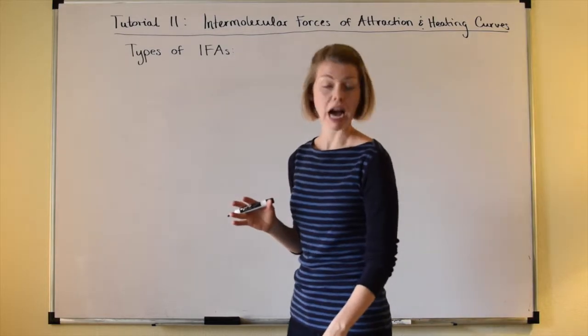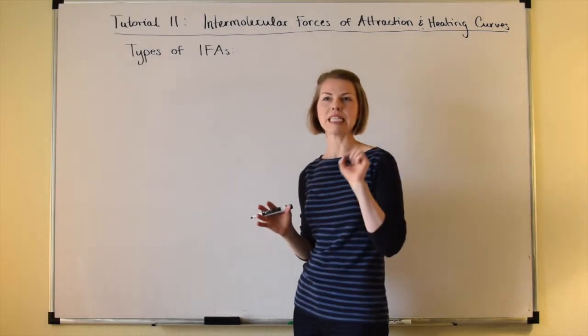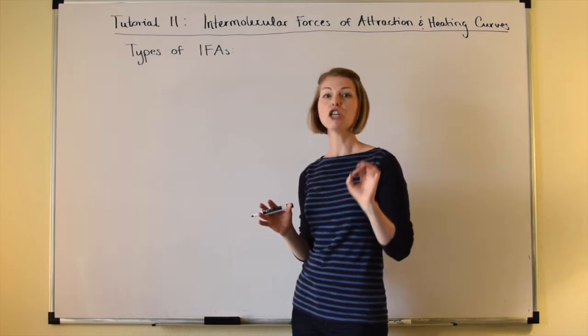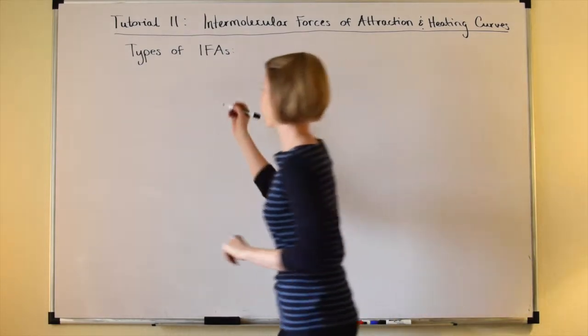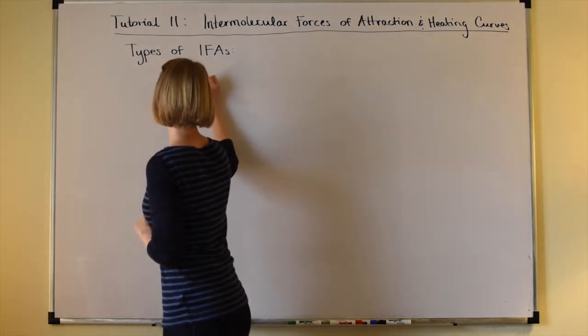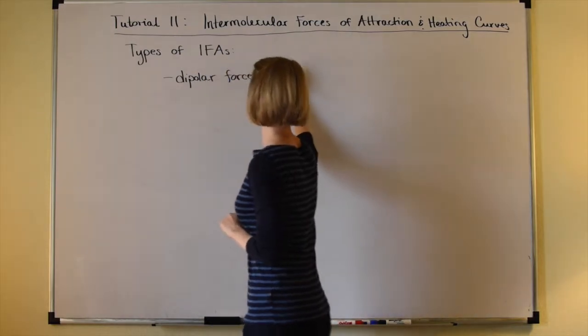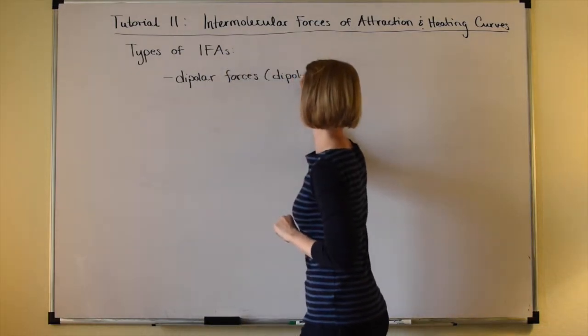I know that in the notes I wrote London dispersion forces first, but I think that dipole-dipole is an easier force of attraction to understand. So I'm going to go ahead and start there. So let's start with dipolar forces, also known as dipole-dipole.